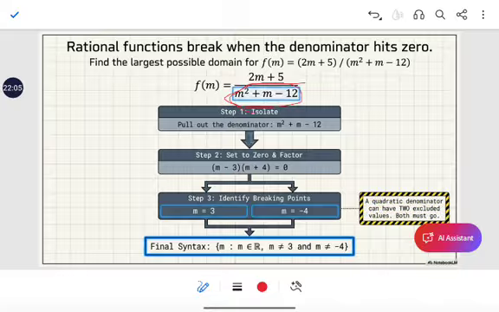If the denominator is equal to 0, the function will be undefined. So if you want to find the domain of the function of m, we have to equate the denominator to 0. Okay, good.